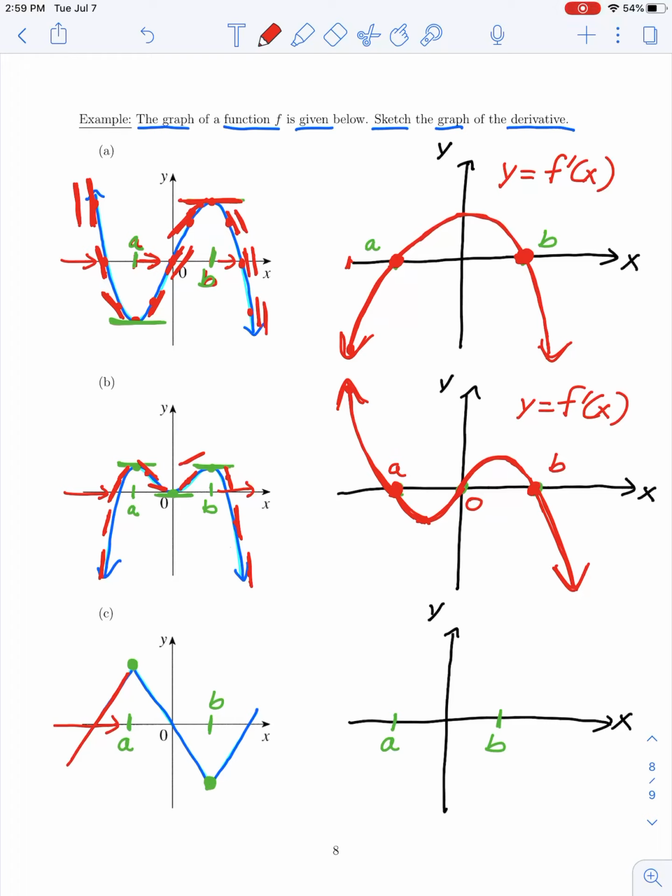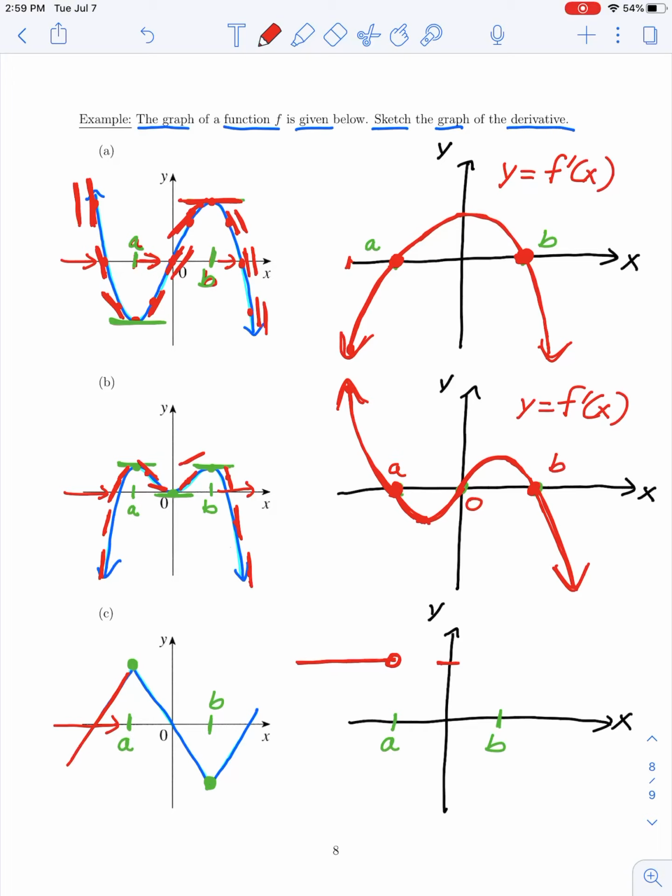So for the graph of my derivative, I have some positive constant slope. The graph of a constant is a horizontal line until I get to the value x equals a, where I hit a corner and my derivative is undefined. So I'm going to have a hole in the graph of my derivative.